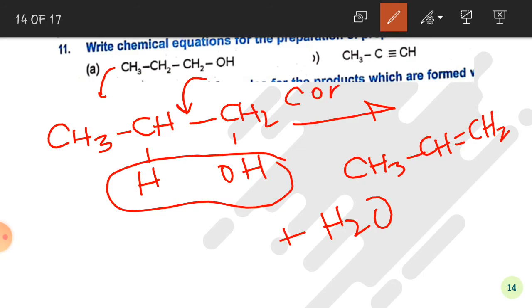And this dehydration will take place in the presence of concentrated sulfuric acid. And the temperature will be maintained between 140 to 170 degrees centigrade. So this is the structure for propene. So from propanol, this propene is synthesized by dehydration reaction.